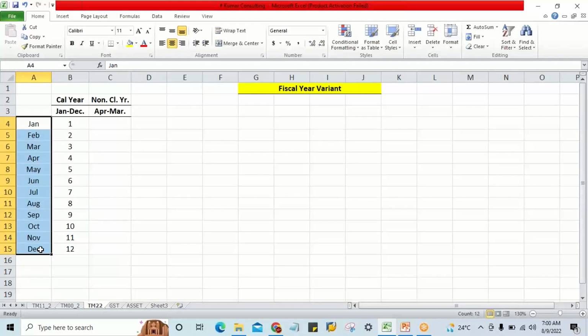In our normal daily life, everybody throughout the world is following calendar year, right? Let's suppose today is 9th of August. It's a calendar year and the same date is there throughout the world.